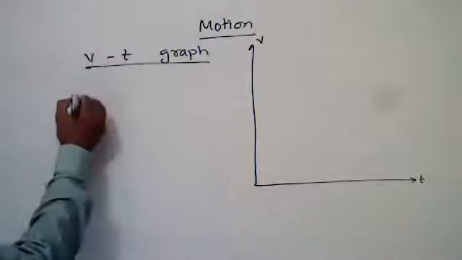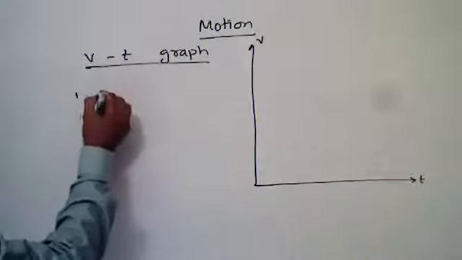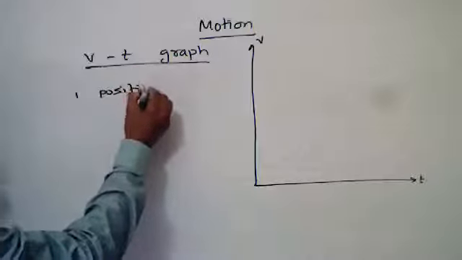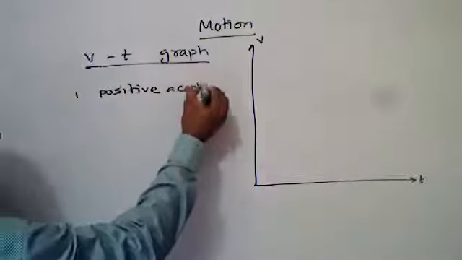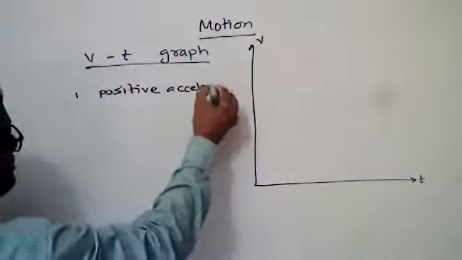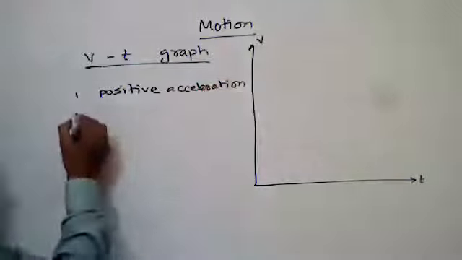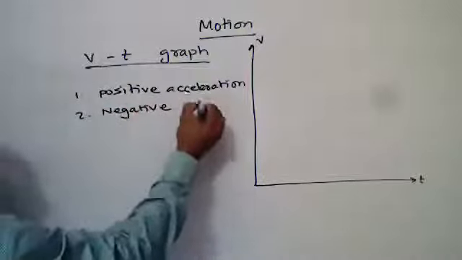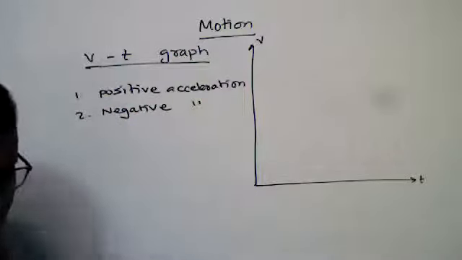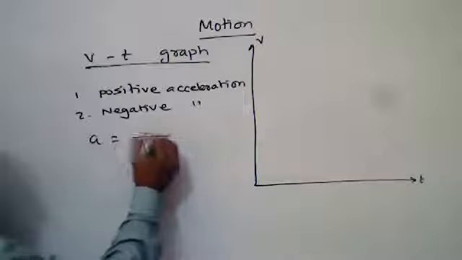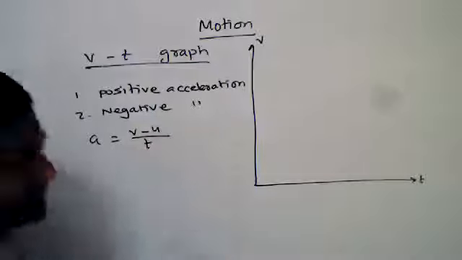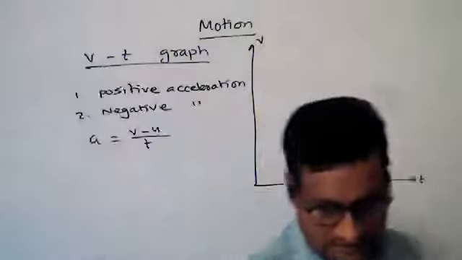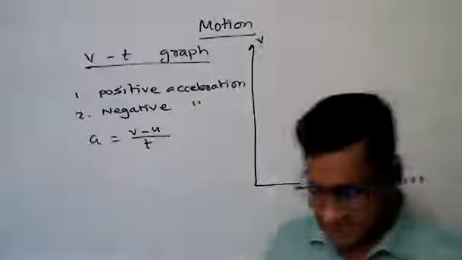So this is positive acceleration, and this is negative acceleration. We have already learned that acceleration equals v minus u by t, where v is the final velocity and u is the initial velocity.